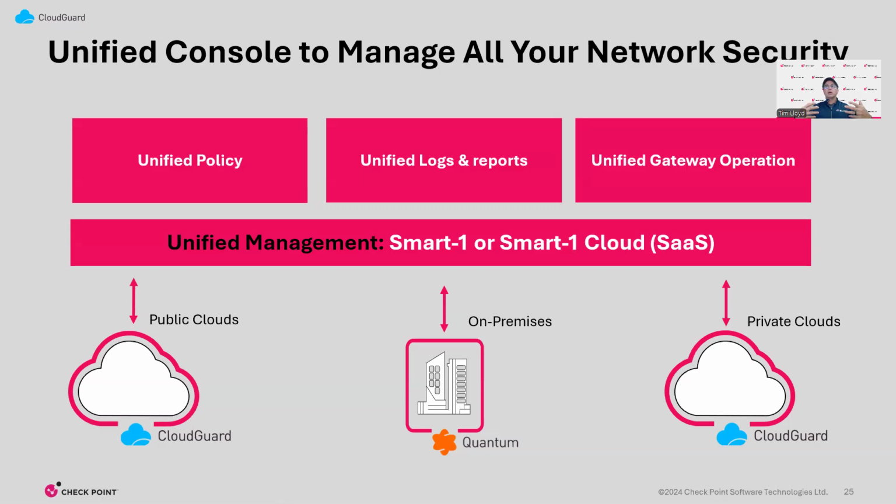So with CloudGuard Network as an example, you can be managing your security gateways on any public cloud, whether that's Azure, GCP, or AWS, from the same management console as your on-prem Checkpoint Quantum gateway appliances, right? And the power is unified policy, unified logs, unified gateway operation.